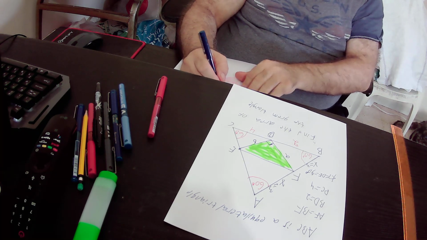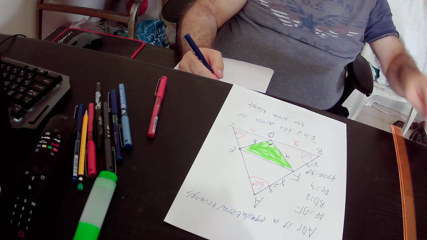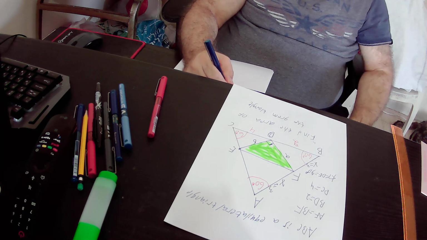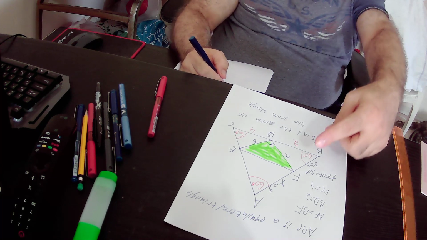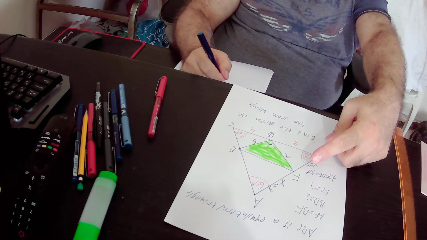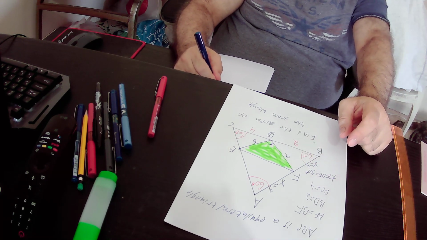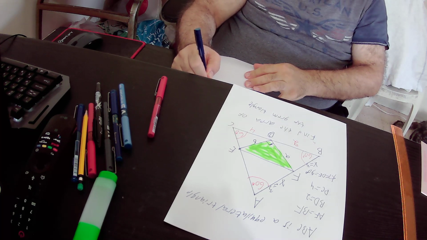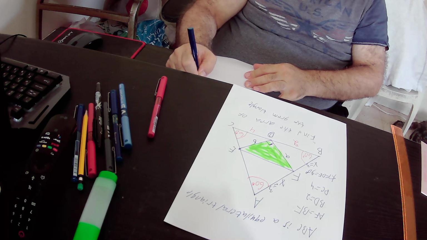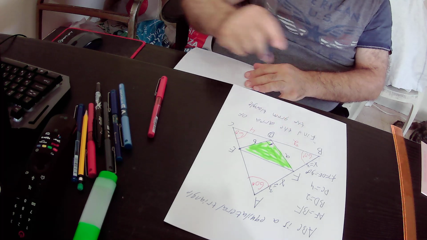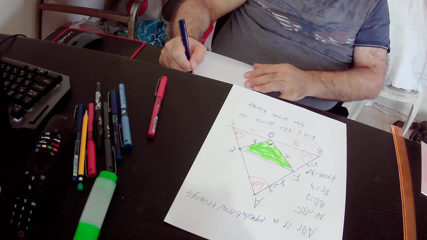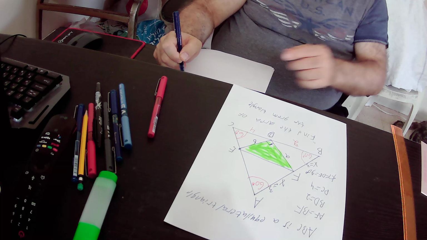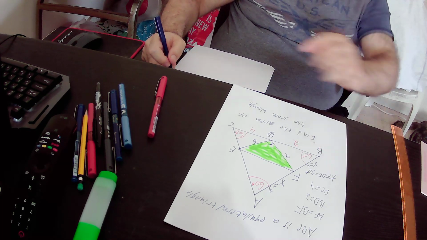Okay, so in triangle BFD, A squared will be equal to BF squared plus BD squared minus 2 times BF times BD cosinus 60 degrees.